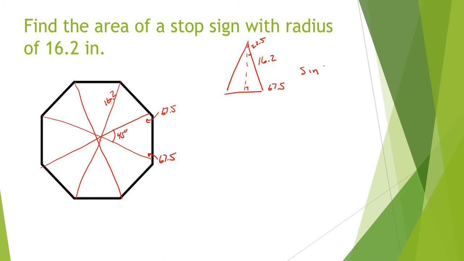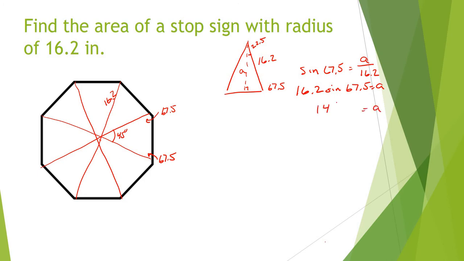So let's start with the sine of 67.5, because sine is opposite over hypotenuse. So that's the apothem over 16.2. So 16.2 times the sine of 67.5 will be the length of the apothem.